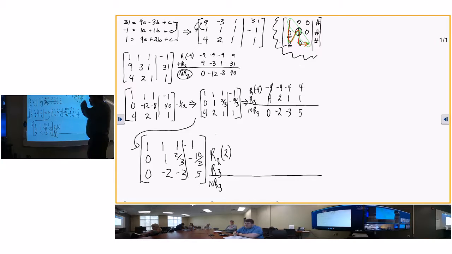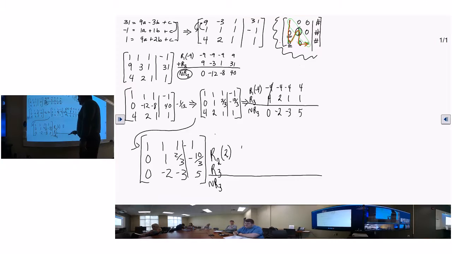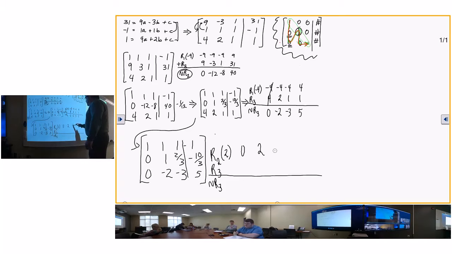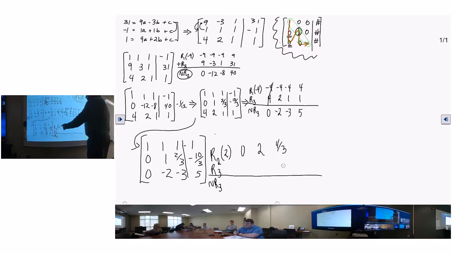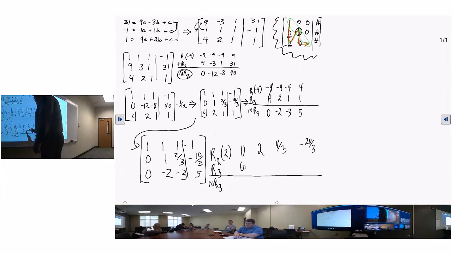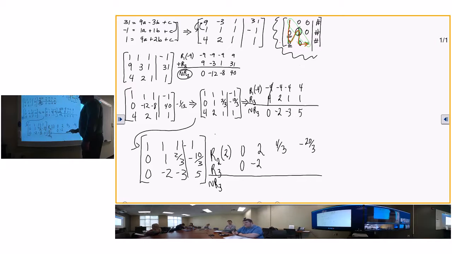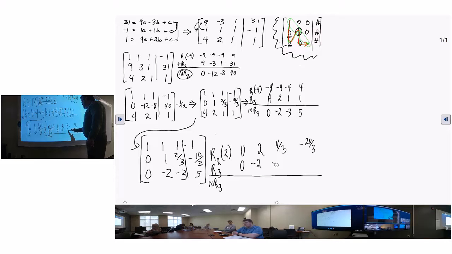So, what is 2 times 0? 0. 2 times 1, 2. 4/3. Oh gosh, we got fractions. Negative 20/3. And we're going to add it to 0, negative 2, negative 9/3. And that's where everybody's supposed to get confused.